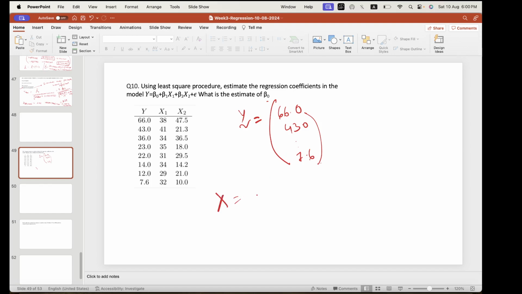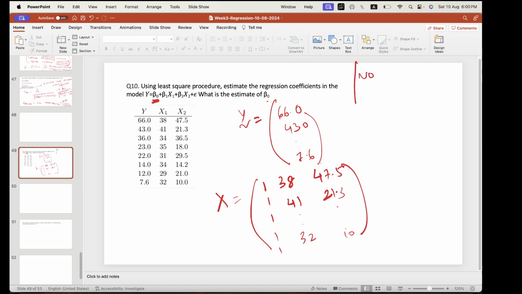Your X matrix will be, if you have a beta naught term, all ones over here. Then your x1 term will come, 38, 41, 32, 47.5, 21.3, and so on and so forth.